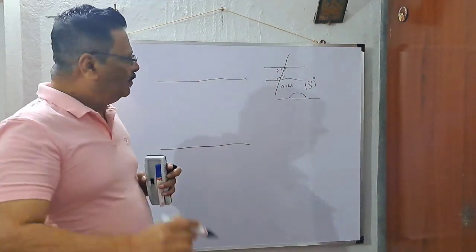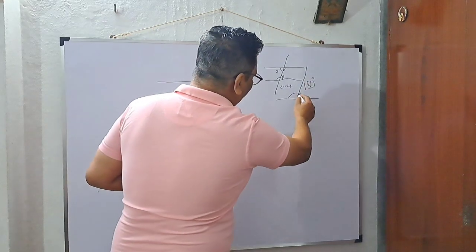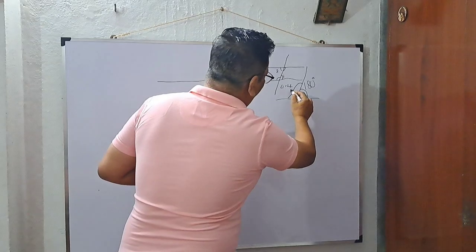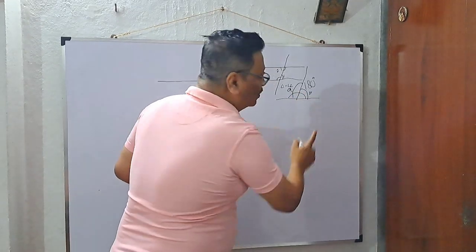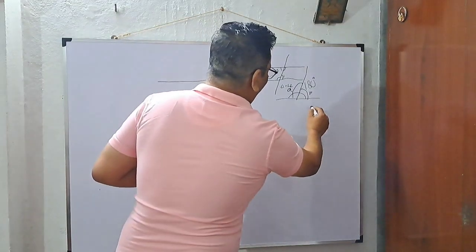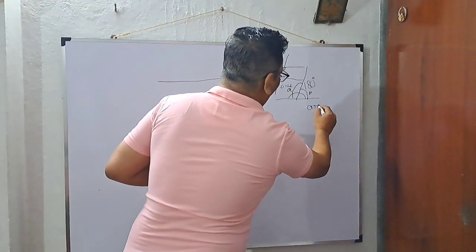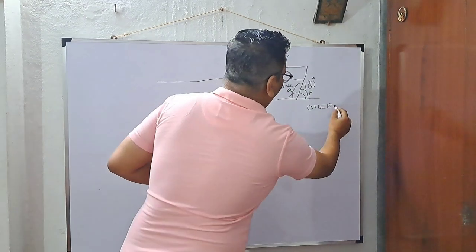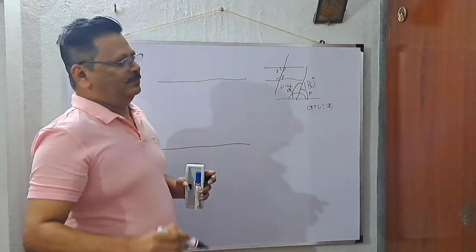Right? Now when you have a line like this, so this angle and this angle, you call, let's say, A and B, you call them a linear pair. Meaning thereby, this angle A plus angle B will be equal to 180 degrees. Right? Now, there is a problem.